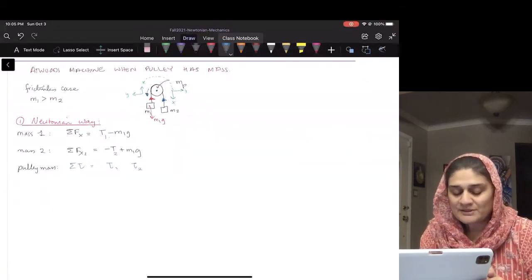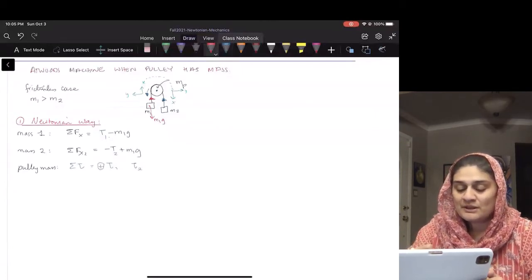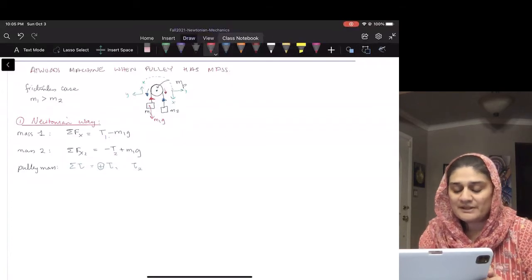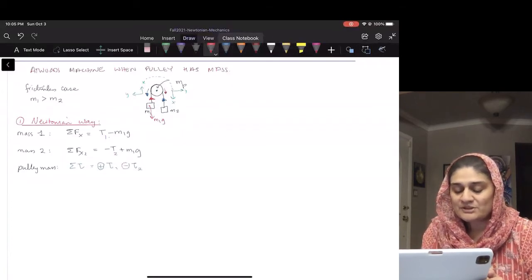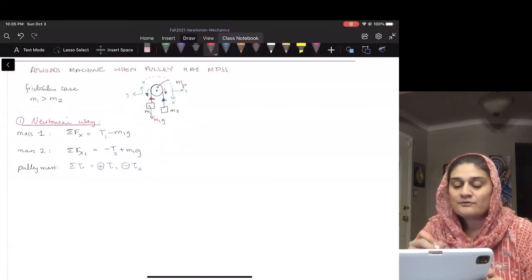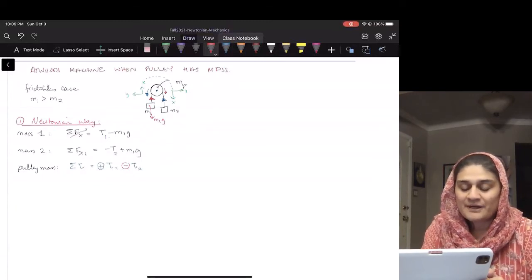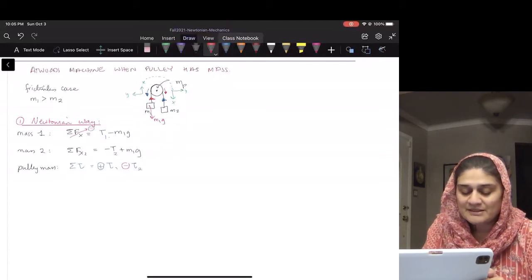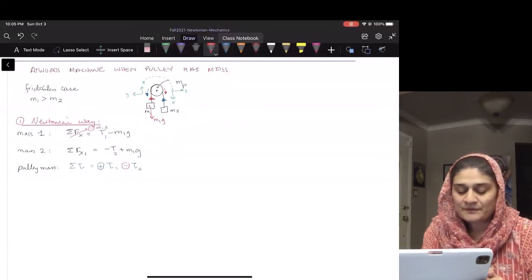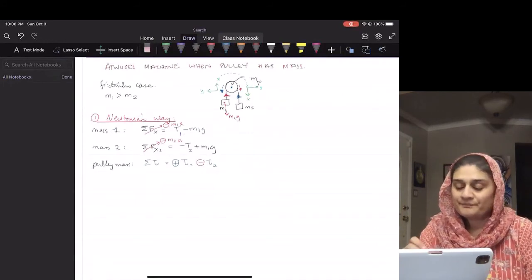So counterclockwise torques are positive, and M2 is causing a clockwise torque, and clockwise torques are negative. So now from these equations, what is sigma Fx1? If M1 is greater than M2, then sigma Fx1 will be negative M1a. Sigma Fx2 will be negative M2a. So what is sigma torque?